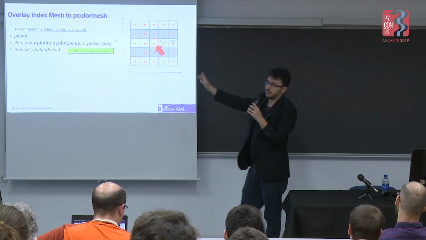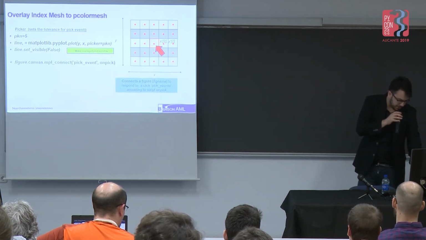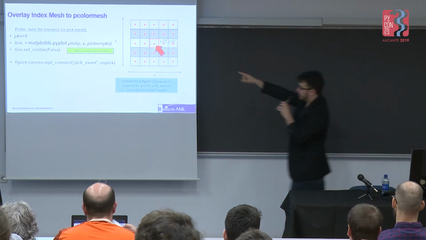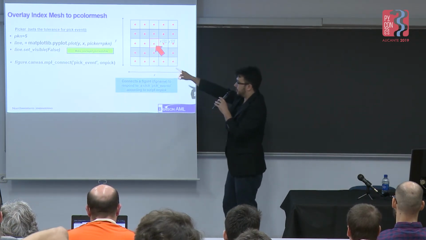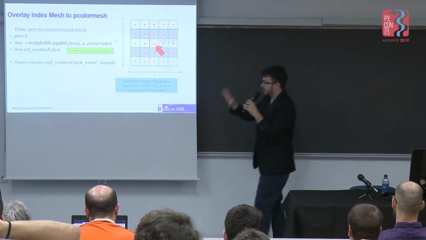So once I have that, I can overlay this mesh over the same pcolormesh, and then I want to set it to invisible because I don't want to see it. So that's why I set visible false. And at first I have to set this picker, which is kind of like a tolerance. So 5 gives you about 5 points around the center that it will respond to.